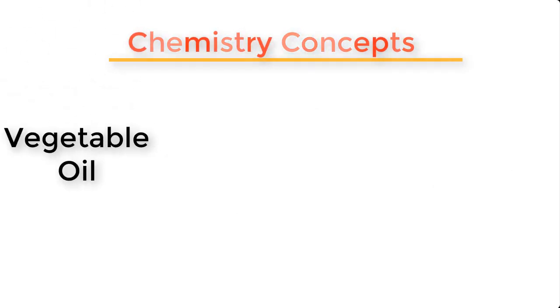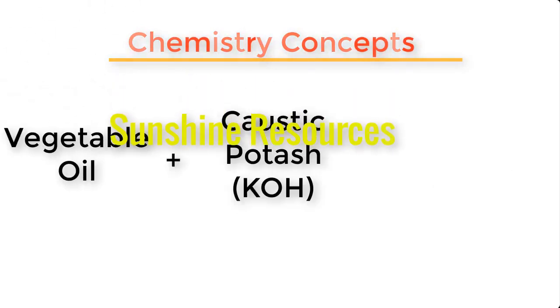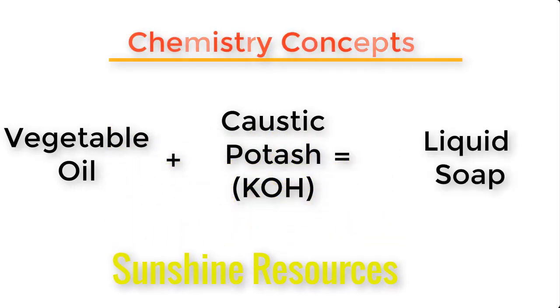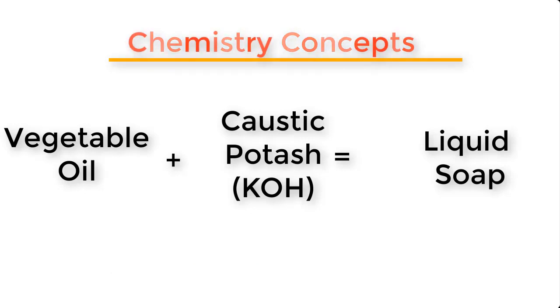But when you add vegetable oil to caustic potash, that is potassium hydroxide, you will get liquid soap. This is the basic characteristic behavior of caustic potash and vegetable oil. The reaction between these two chemicals gives rise to liquid soap, whereas when you combine vegetable oil with caustic soda, that is sodium hydroxide, you will get hard soap.